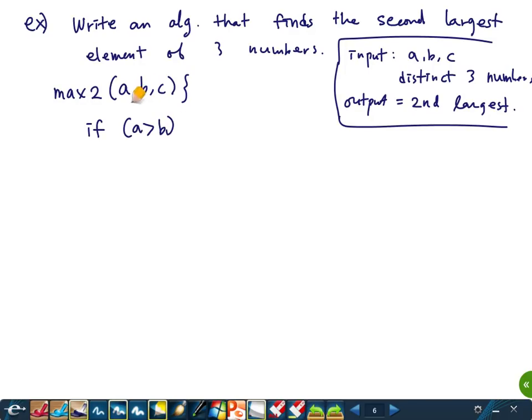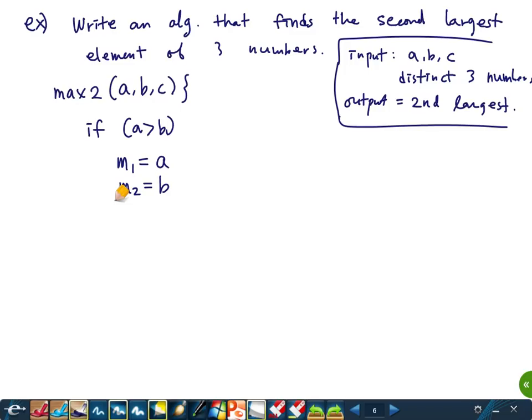Either one is bigger or less, right? If A is bigger than B, which one is the largest up to this point? A is the largest, right? If A is bigger, we'll say M1 equals A, and M2, second largest, is B. Up to the second number, A is the largest and B is the second largest.